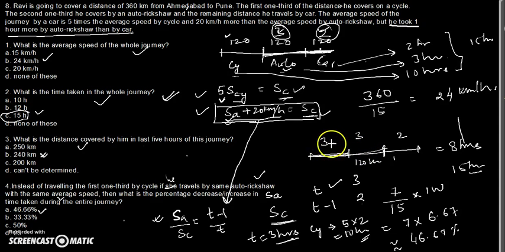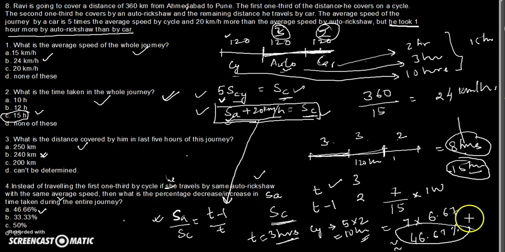Thus the total time taken will be 3 plus 3 plus 2, which is 8 hours. And this is a difference of 7 hours with the earlier timing of 15 hours, and we get the percentage as 46.66.